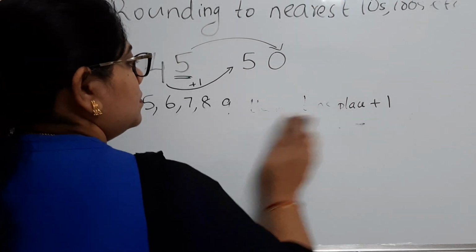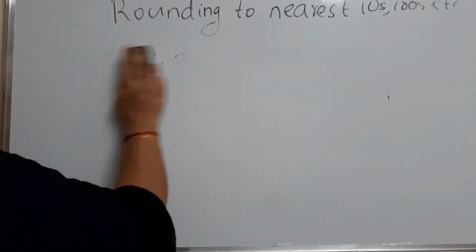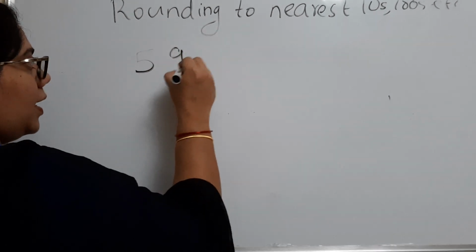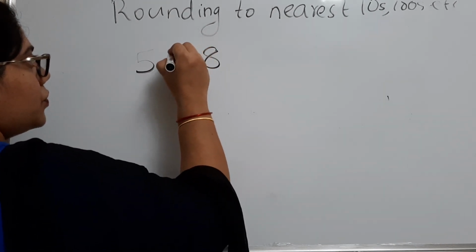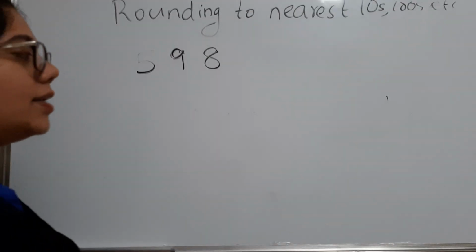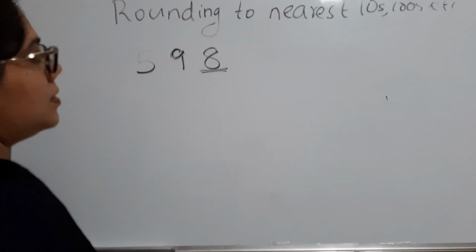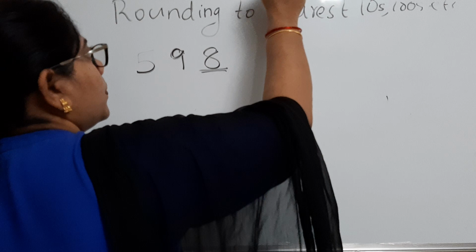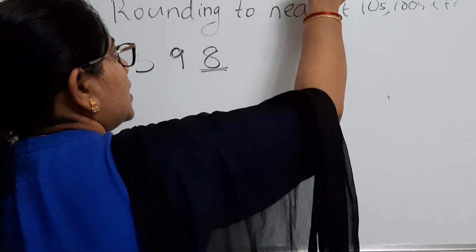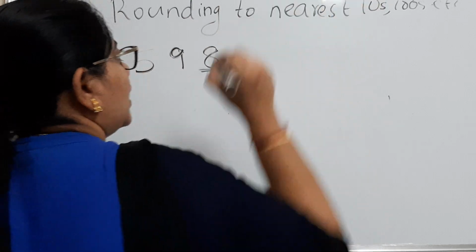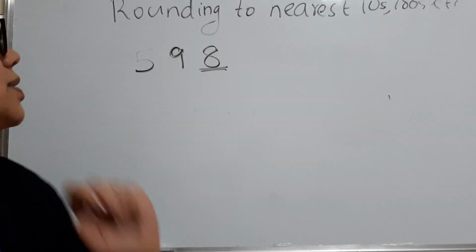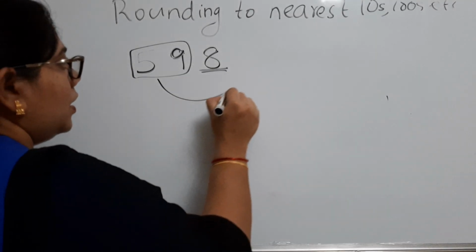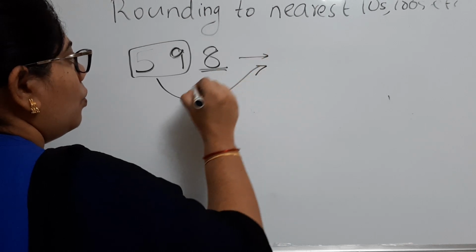Can we check another example? 598. So here, rounding to the nearest tens, check the ones place. Here the ones place is 8. What I told, if the ones place is 5, 6, 7, 8, 9, then to what is before this ones place, you want to add 1.